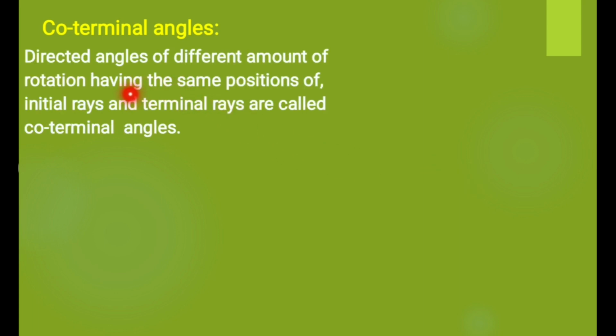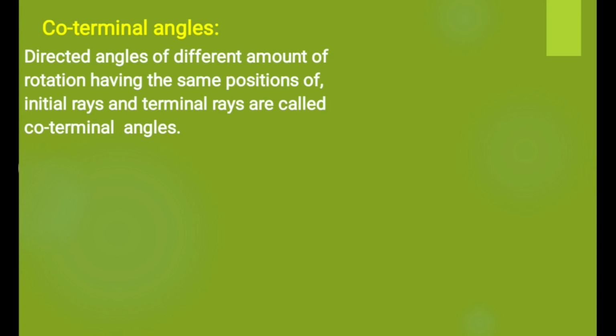Then the next concept, coterminal angles. Terminal means end point, and if they have the same end points, so see here, directed angles of different amount of rotation having the same position of initial rays and terminal rays are called coterminal angles.